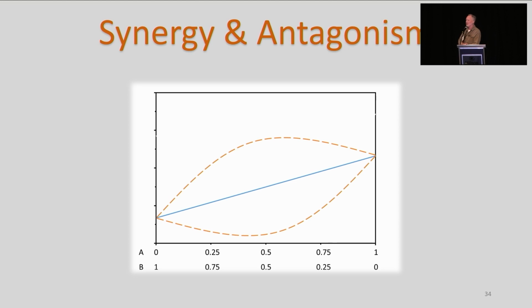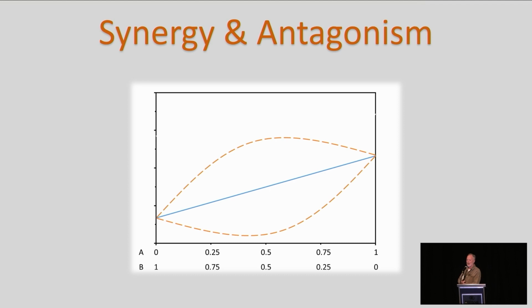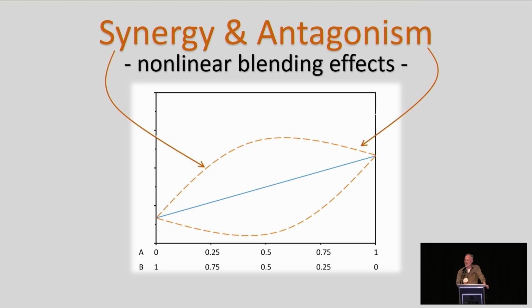Now, in the DOE literature, synergy and antagonism have a very specific definition, and they refer specifically to nonlinear blending. So if you were to come to me and say, hey, I ran this experiment, and we got a strong nonlinear blending on whatever, I would ask you, is it a synergy or an antagonism? That will tell me how useful the blending is to you.